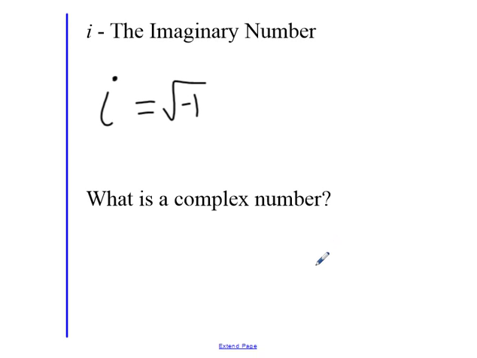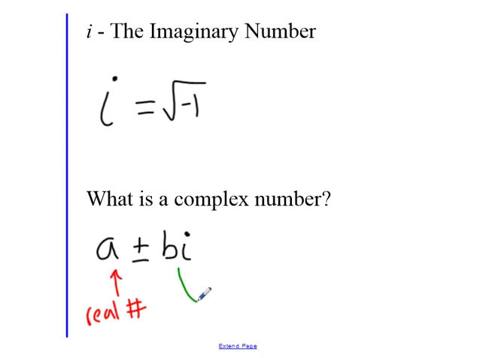What is a complex number? A complex number is a number that has a real part being added or subtracted to an imaginary part. The a is what we call a real number, such as 1, 2, negative 5, a half, any of those real numbers.